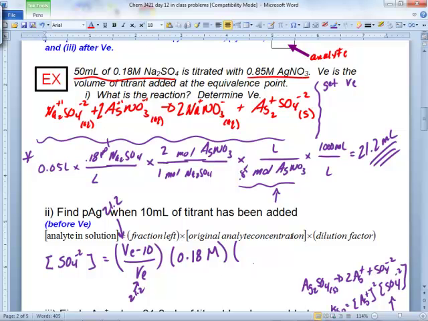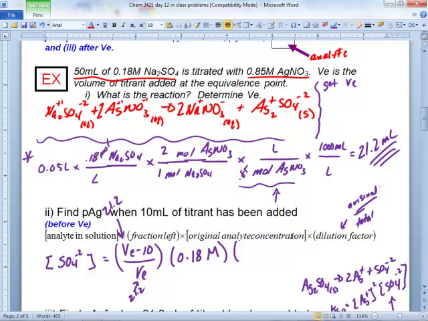It's really just the original over the total. That's the factor that you're diluting by. Because you keep adding silver, this stuff is no longer 0.18 molar anymore. You added some volume, so the 0.18 molar is not right anymore. You have to multiply it by some fraction, some dilution factor.